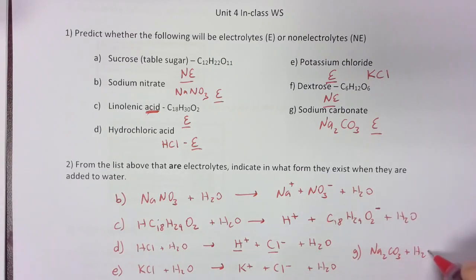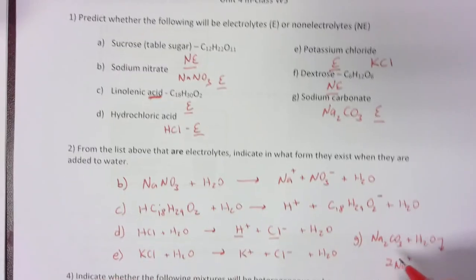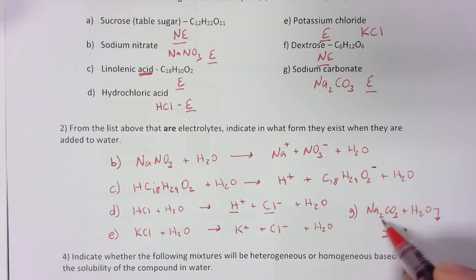When it's added to water, it's going to form two sodiums. There are two down here, whoops. Two here. So that will form two sodium ions plus one carbonate ion plus water. So this will dissociate and conduct electricity.